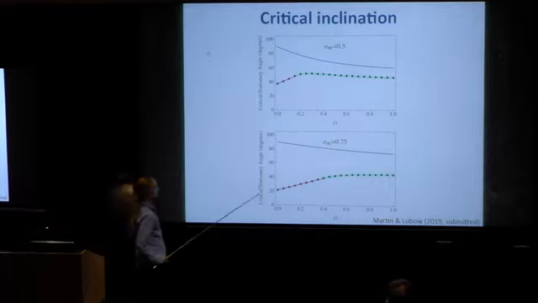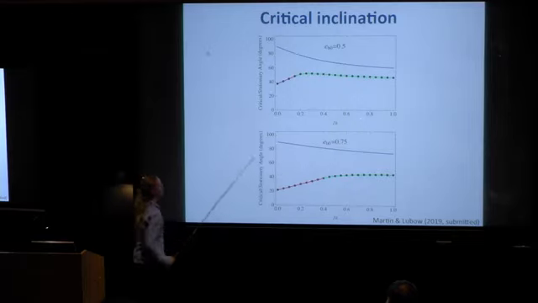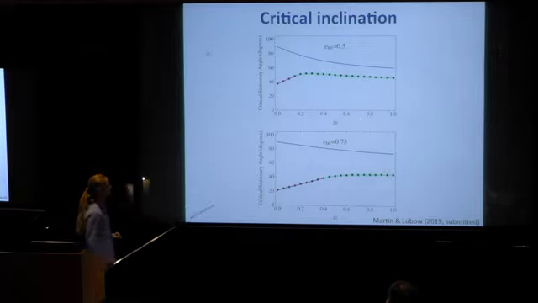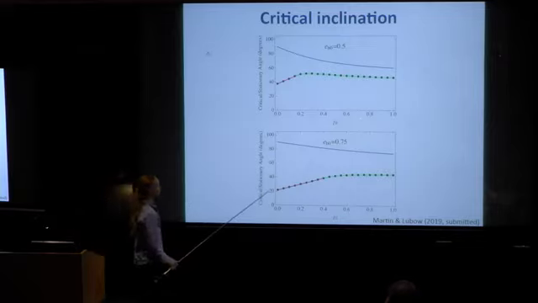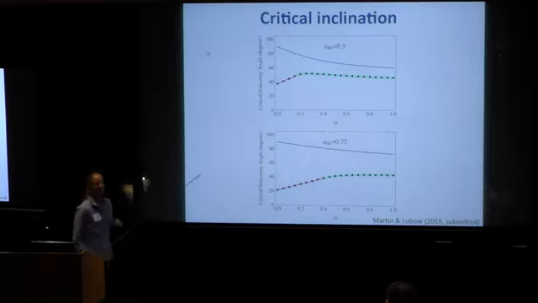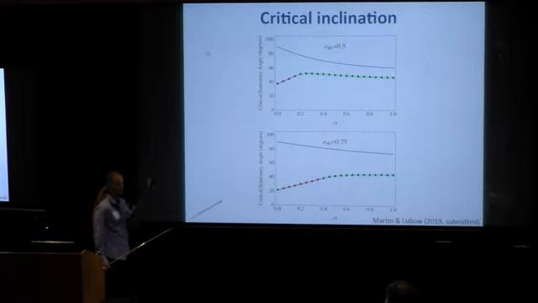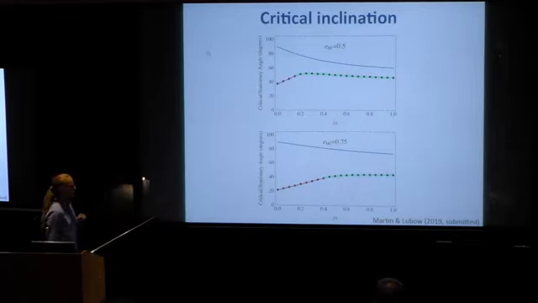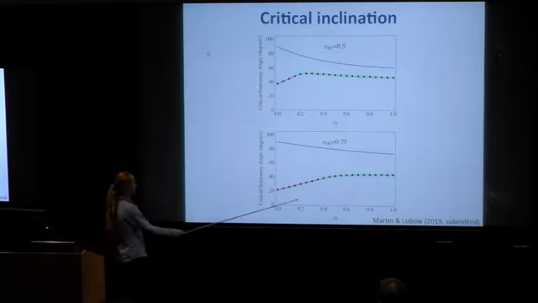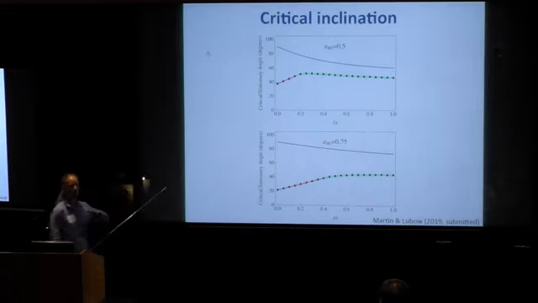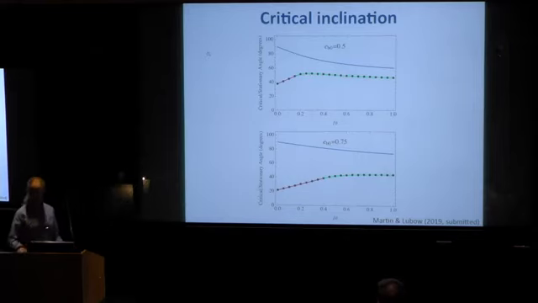The upper line just shows the same stationary angle that I showed before, and the lower line shows the inclination between the two different states. This is the ratio of the angular momentum of the third body to the binary. So if we're below this critical inclination, then we're going to align to the binary. If we're above it, we're going to align to the eccentricity vector.